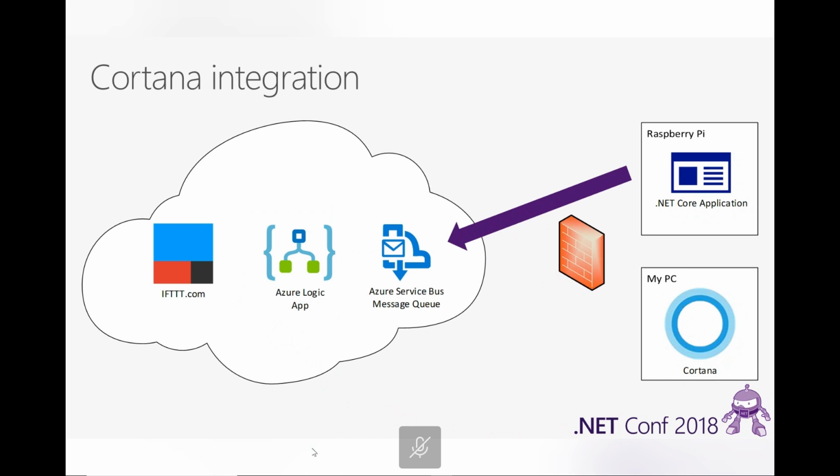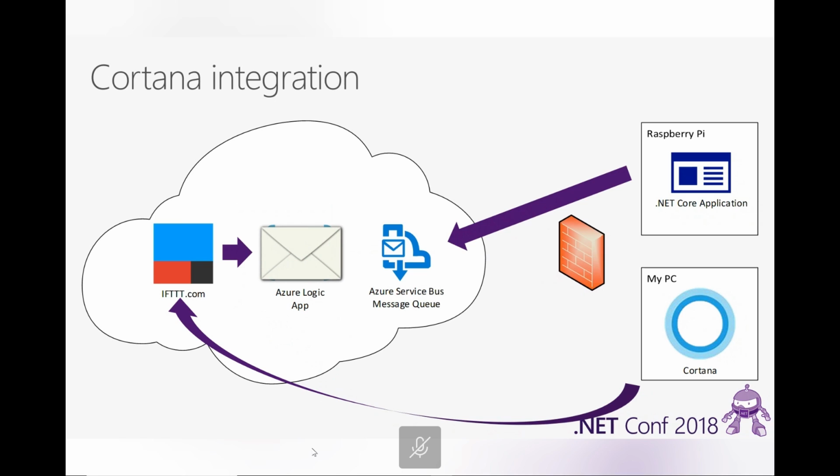Then at some future time, we can invoke Cortana, which will fire off the trigger on If This Then That, which will use a webhook and post that webhook on another Azure Logic App, which in turn will create a service bus message and put it on the queue, where it's immediately picked up and acted on by our application.